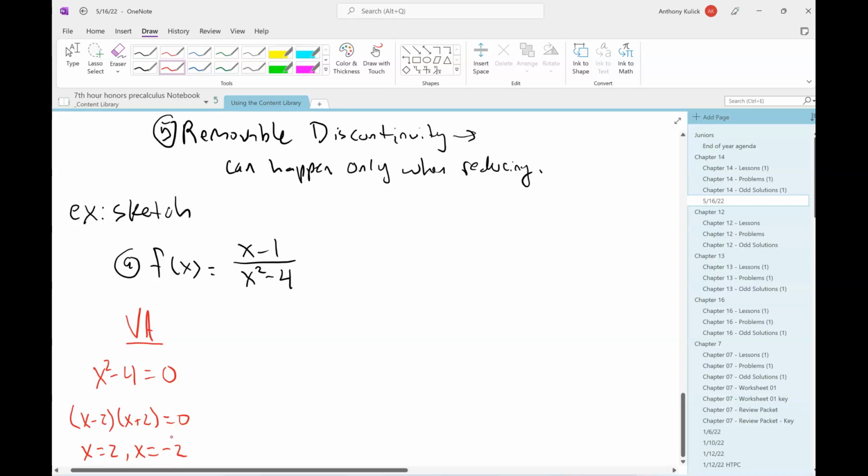Everybody cool there? So the end behavior, all right, we need to compare the degrees. What's the degree of the numerator? Anybody? 1, yeah. The degree of the denominator is 2. Which case are we in? 1. So that just tells us that we have our end behavior at y equals 0.